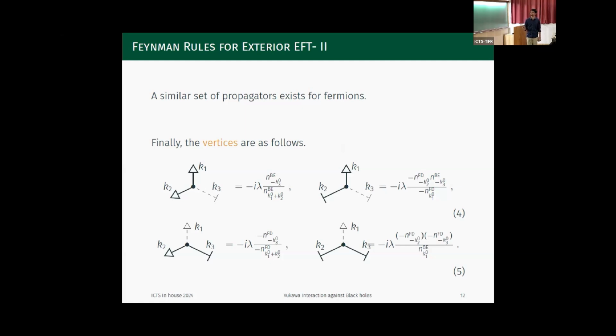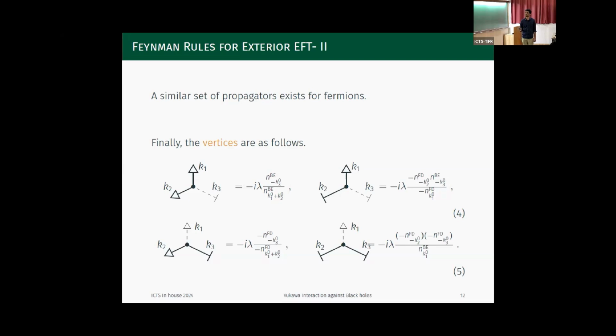Finally, there are vertices, and note that there are many more vertices now. Earlier there was only one vertex, which was i lambda, and now it looks like there are 4 vertices over here. But it should be 6, because every leg can take 2 values.